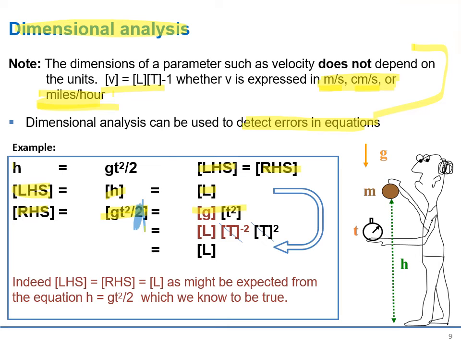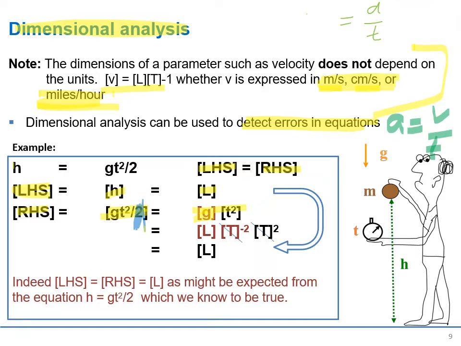Now g is what? G is basically your acceleration, right? Acceleration is velocity over time, and velocity is displacement over time.